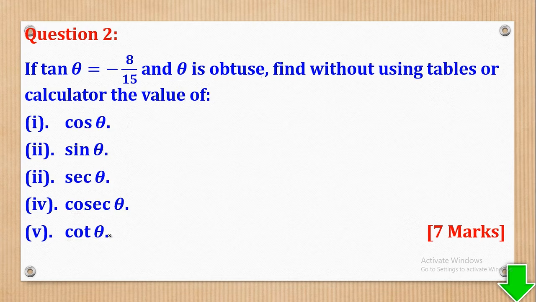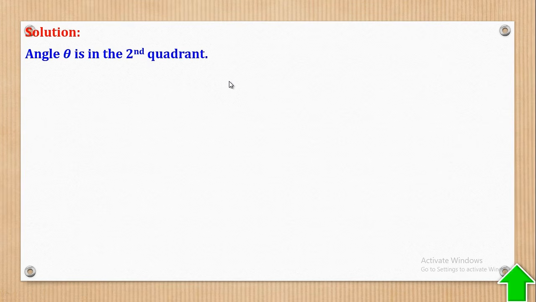In this case, we should realize that the angle is obtuse and tan is negative. So we will draw our right angle first. The angle will be in the second quadrant, because obtuse means that the angle is between 90 and 180 degrees.